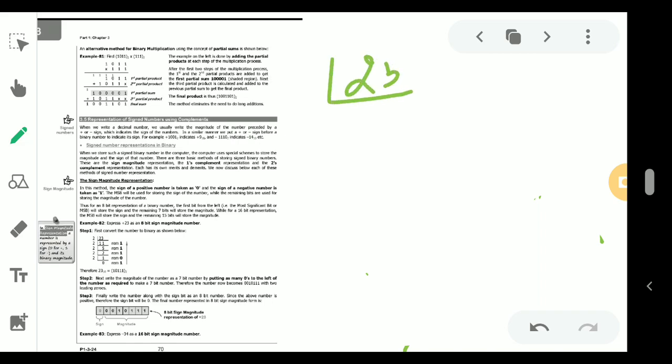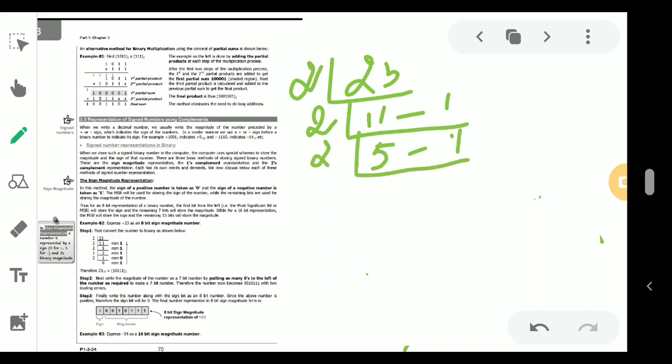I have to represent 23 base 10 in binary, so I need to go for division by 2. 23 divided by 2, quotient 11, remainder 1. Again divided by 2, quotient is 5, remainder is 1. Again divided by 2, quotient 2, remainder is 1.